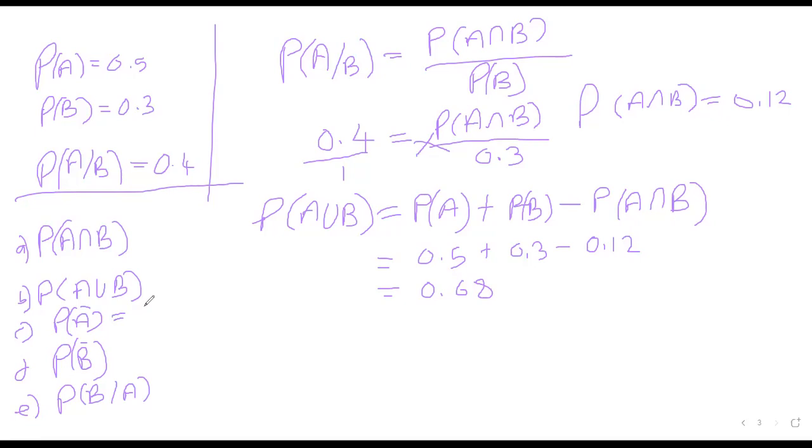The complement of A will be 1 minus the probability of A. Good. So the complement is the opposite, right? If A is 20%, the opposite to get 1 is 80%. So what is our A? 0.5. So 1 minus 0.5, we get 0.5.